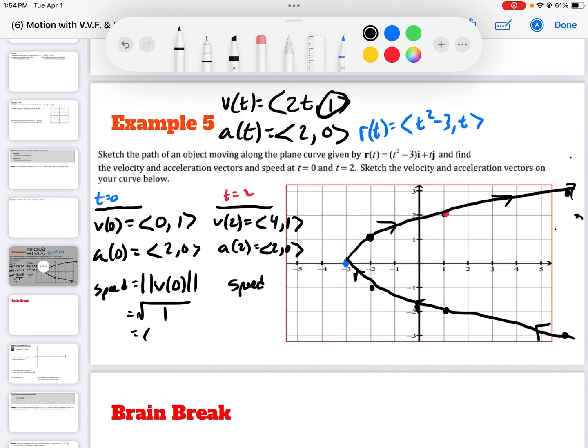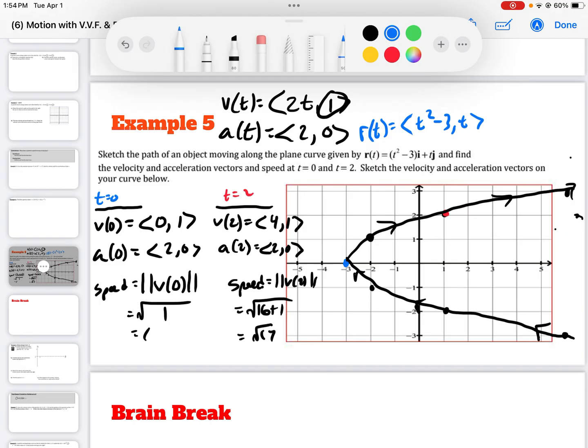And then the speed when time t equals 2 is the magnitude of velocity at 2, which is going to be equal to the square root of 4 squared, which is 16, plus 1, so square root of 17.